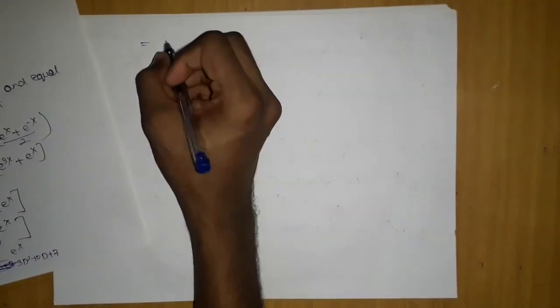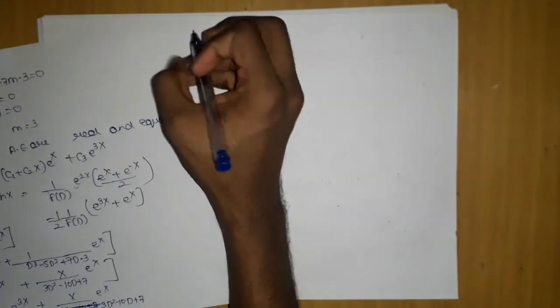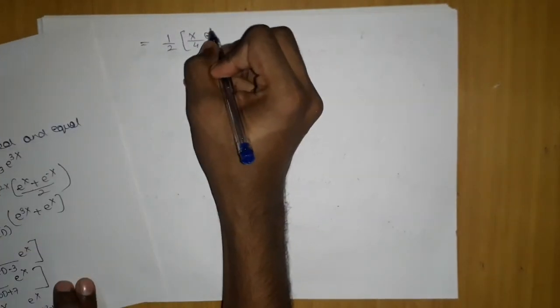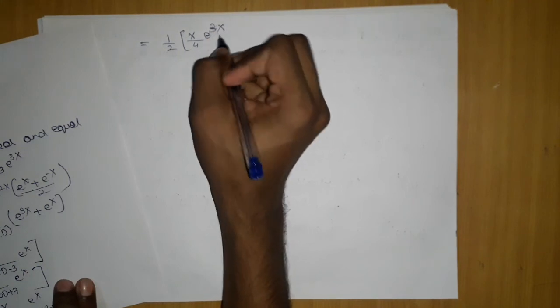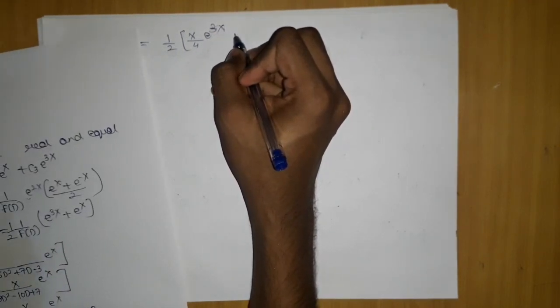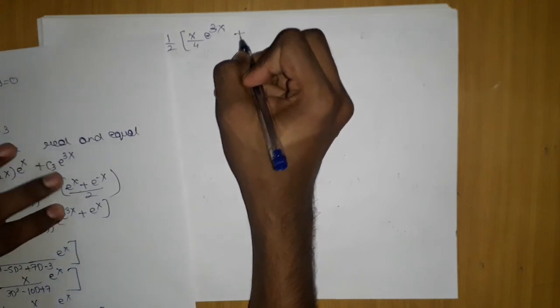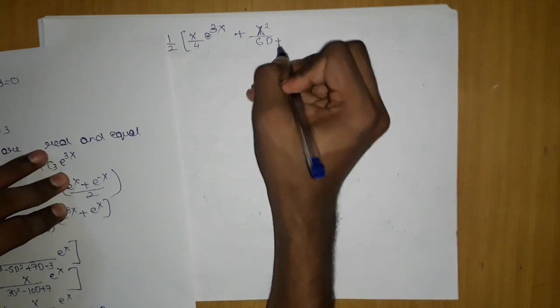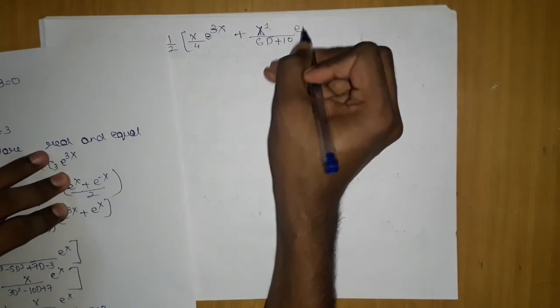Now what is our job? First try to get its answer. Its answer is nothing but x by 4 into e to the power 3x. Now we differentiate this again, which will give us plus x square over 6D minus 10, into e power x.